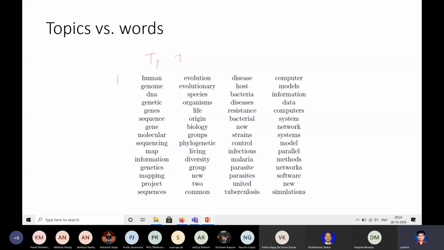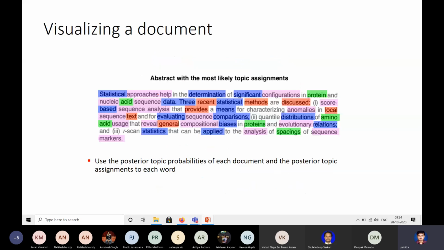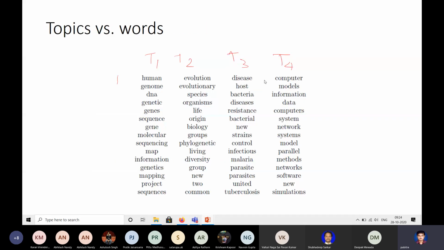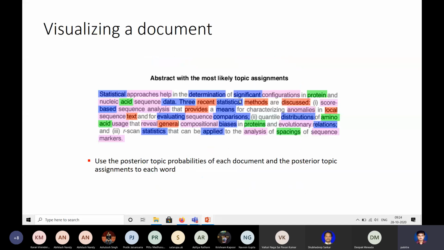If you color the topics with particular colors, you can label the words based on what topics they come from in the generative process. Note that one word can have multiple colors depending on which topic it is generated from. You can color them, you can visualize the document, you can find document similarity. So all this you can do once you have learned this.